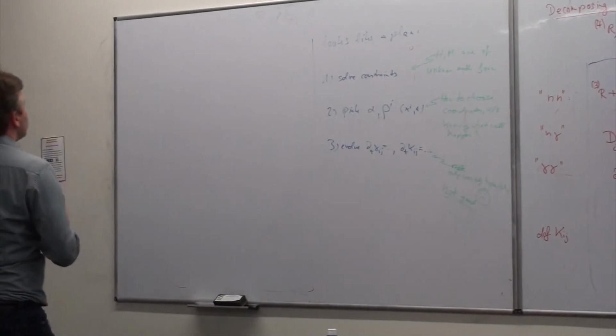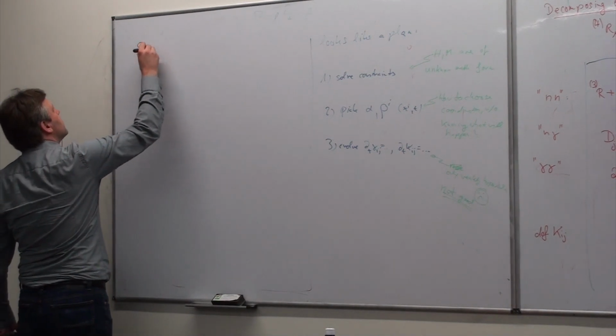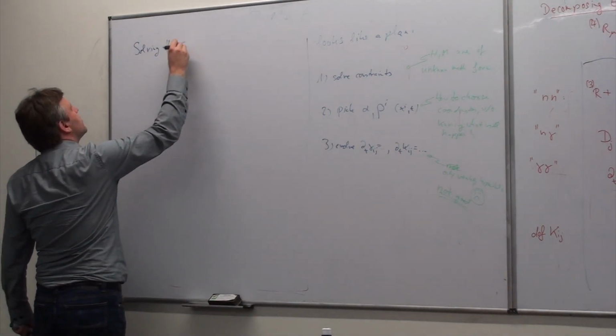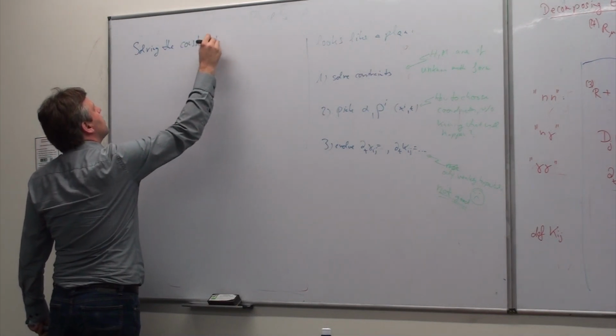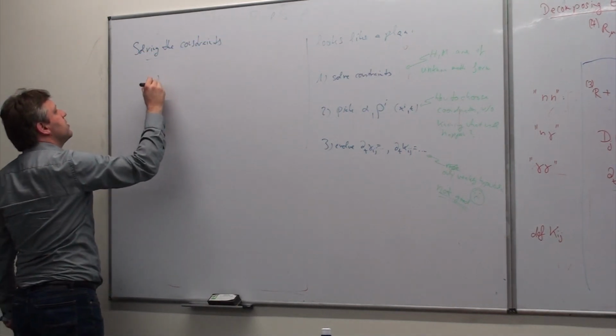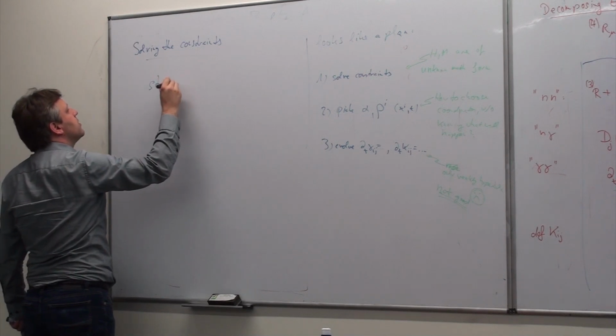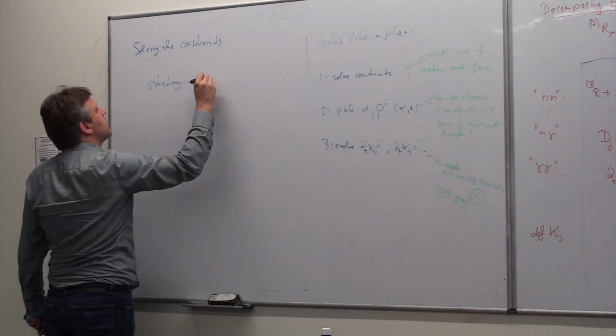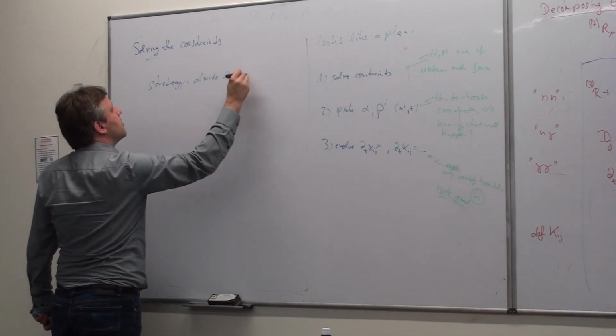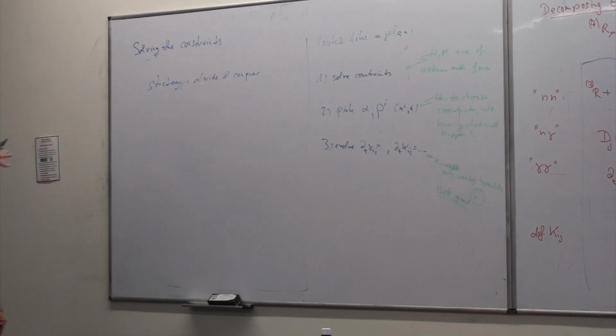When you're solving the constraints, the basic strategy is divide and conquer. We want to decompose gamma ij and K ij into more distinct pieces, such that some of these pieces are mathematically determined, and the rest is free for us to choose.